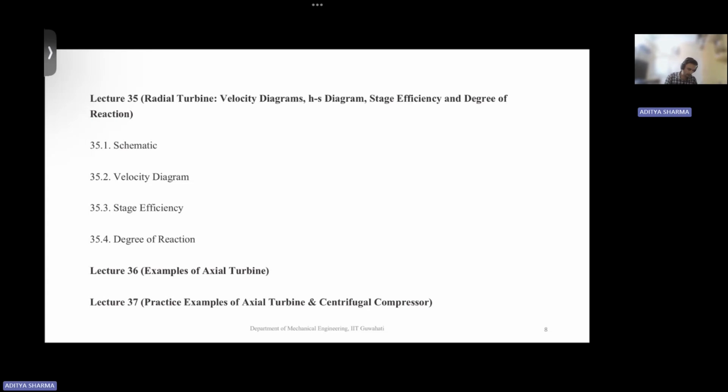In the starting, the schematic has been discussed. So for the schematic, you can refer to lecture number 35. I'll give the link in the description of the original lecture of Professor Vinayak Kulkarni. And then I'll draw the velocity diagrams, and we can discuss these velocity diagrams.